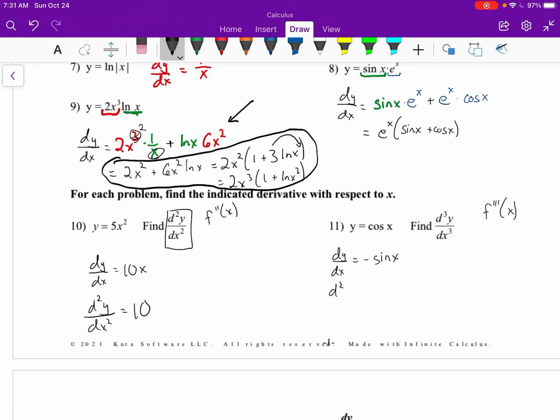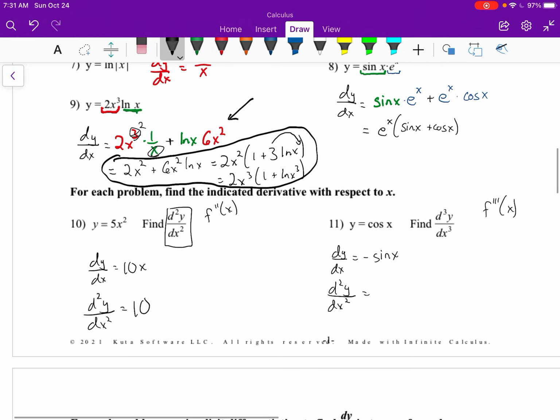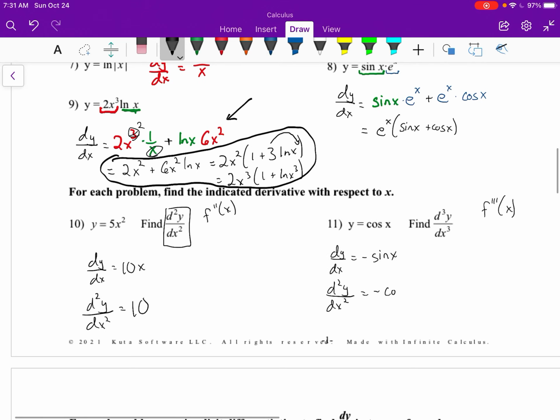Second derivative, derivative of negative sine. Well, derivative of sine is just cosine, but derivative of negative sine is going to be negative cosine. And then the third derivative, try to squeeze that in down here.